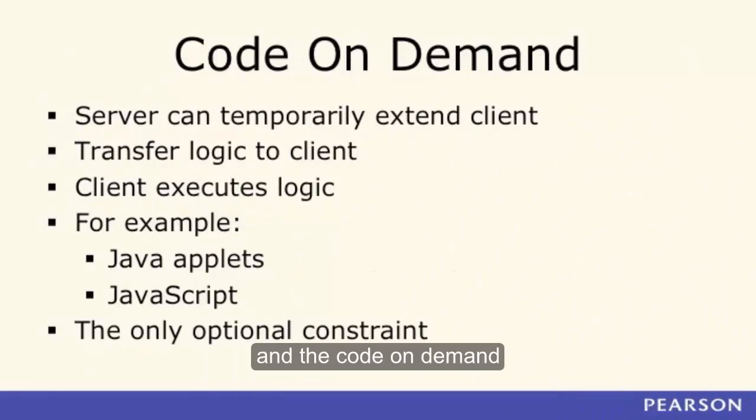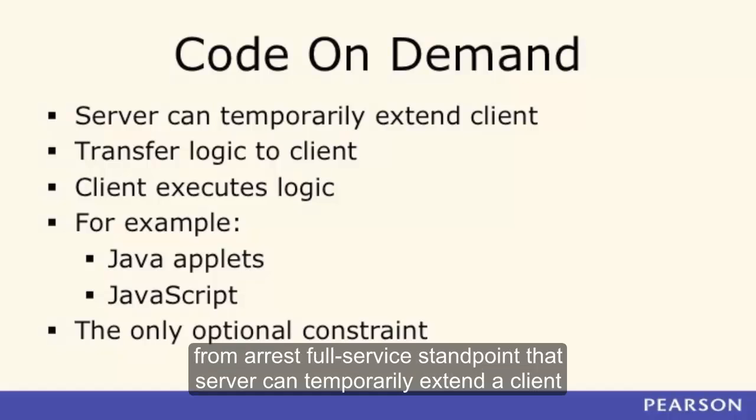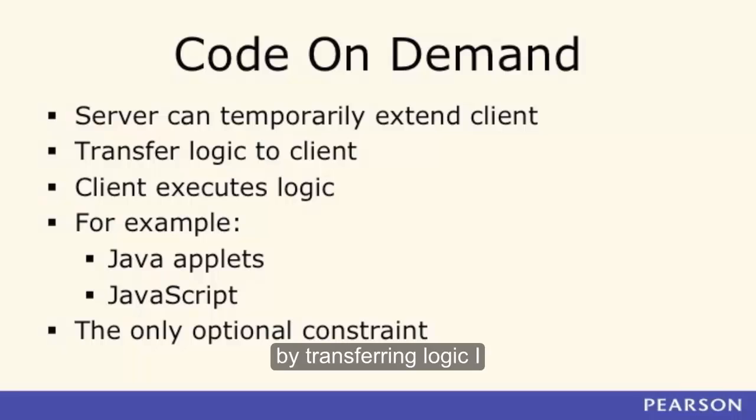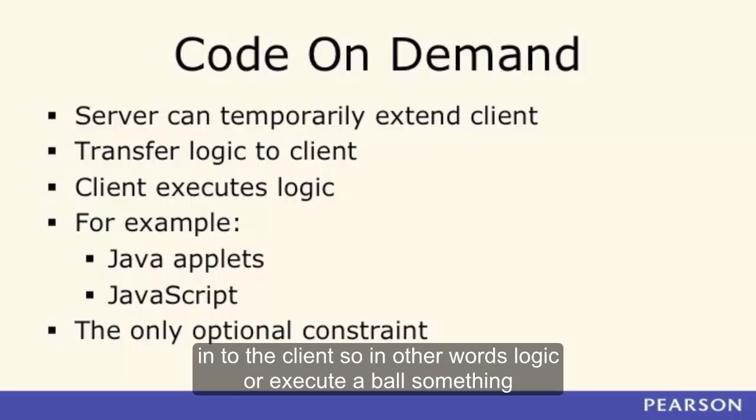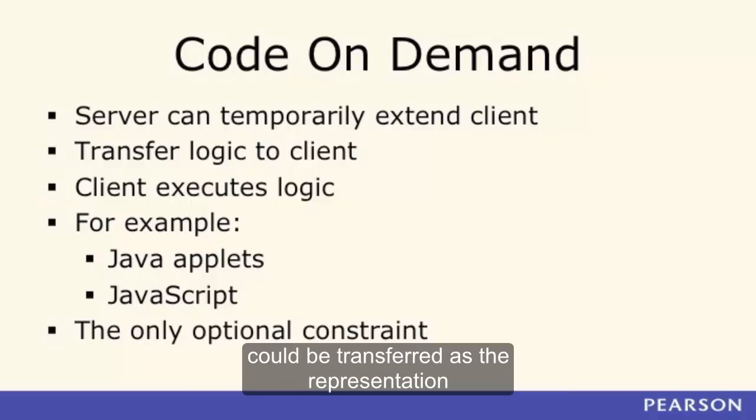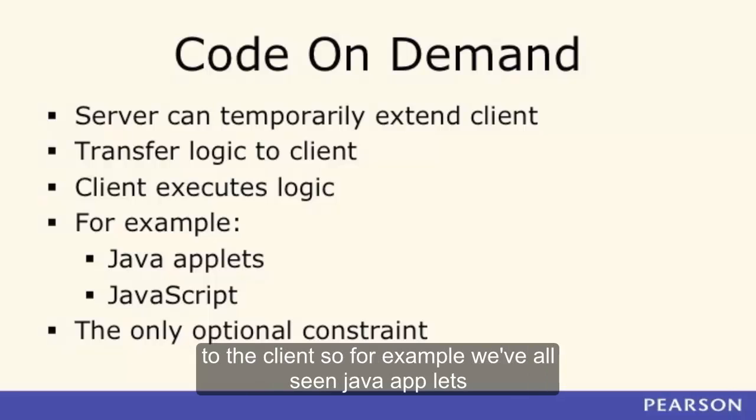And the code on demand constraint is kind of unique. So basically it just means that from a RESTful service standpoint, that server can temporarily extend a client by transferring logic to the client. So in other words, logic or executable something could be transferred as the representation to the client.